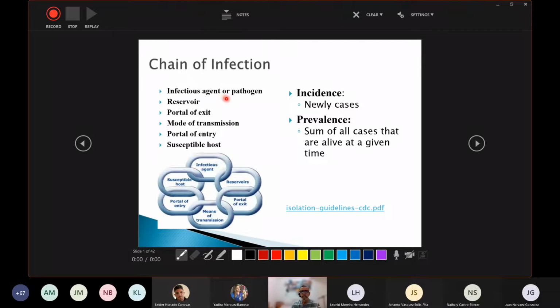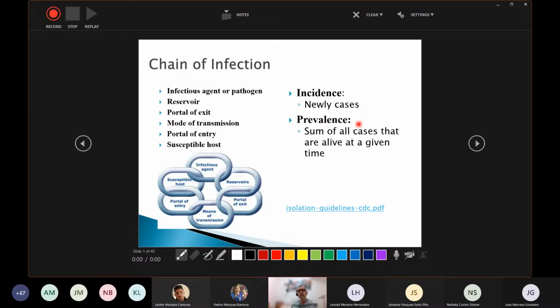Can we move on? No questions. Okay. Another topic that is not necessarily related to this, but is related to infectious diseases and epidemiology, and that I think some of us do not have clear, is these concepts: incidence and prevalence.